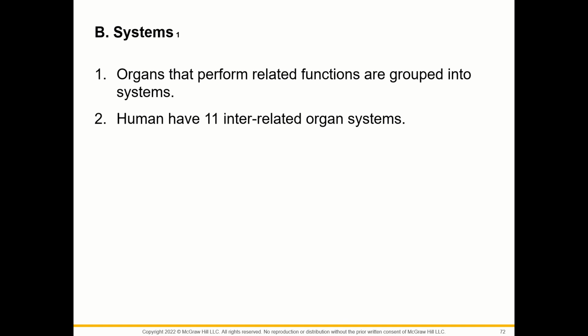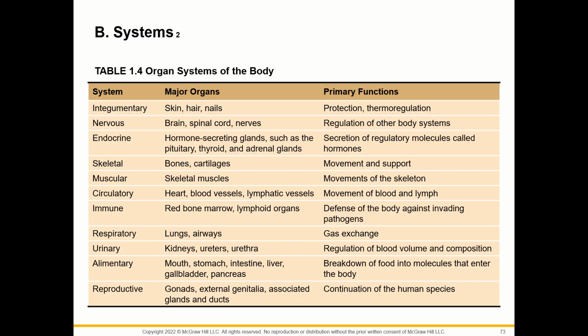All right, looks like last but not least, we look at all the organ systems briefly in a table. It's going to be table 1.4. And so humans are going to have 11 interrelated organ systems. And here you can see that those are going to be the integumentary, which was our example organ system for this chapter.